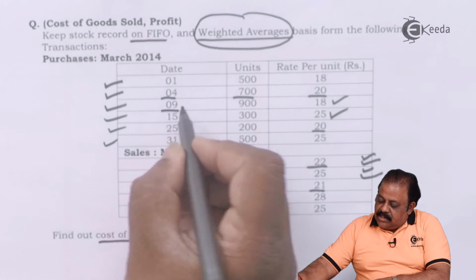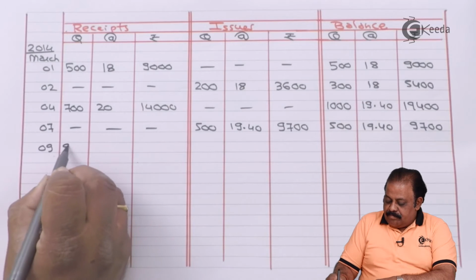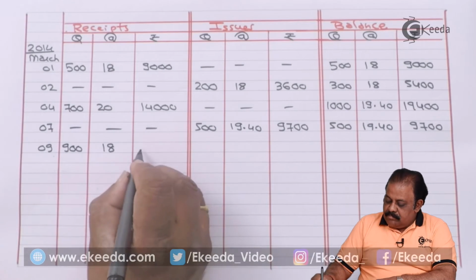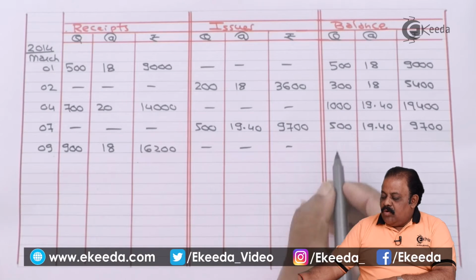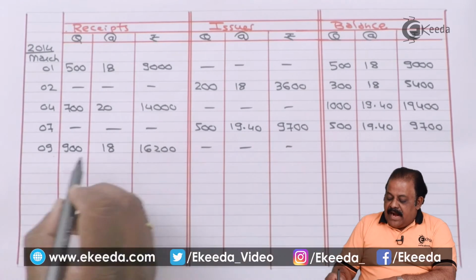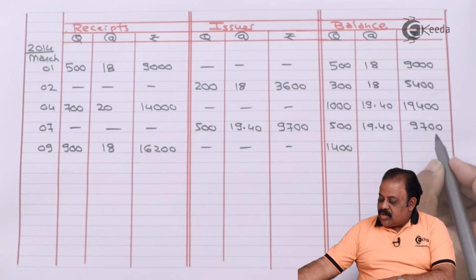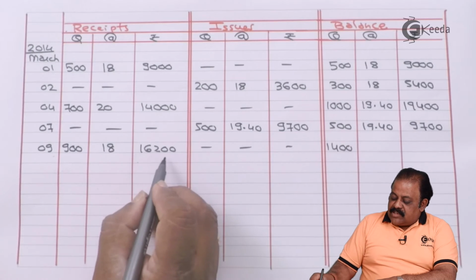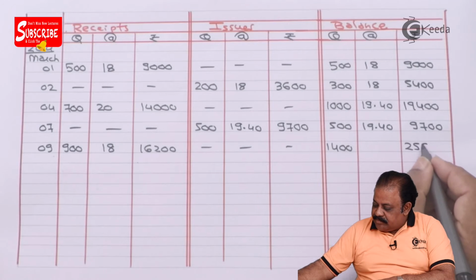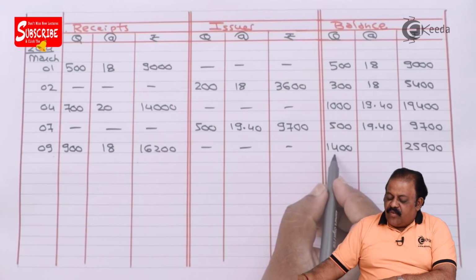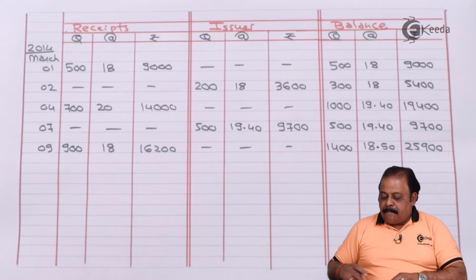On 9th March there is purchase of 900 units at the rate of 18. Value 16,200. We have old stock of 500 units that will be added to 900 units. It will be 1400 units. Old stock value 9,700 plus 16,200, 25,900 divided by 1400. Per unit it will be 18 rupees 50 paise.